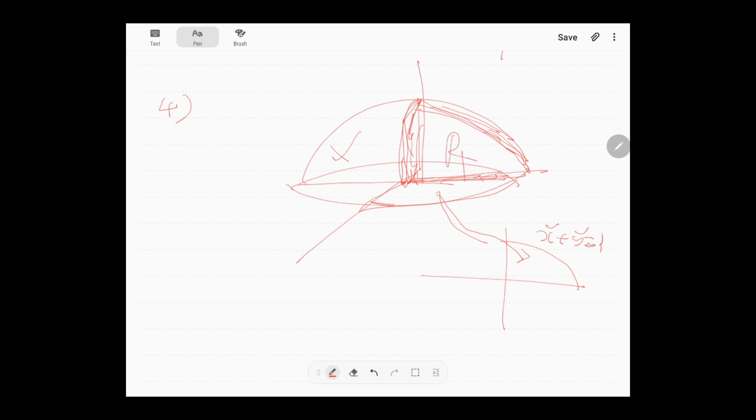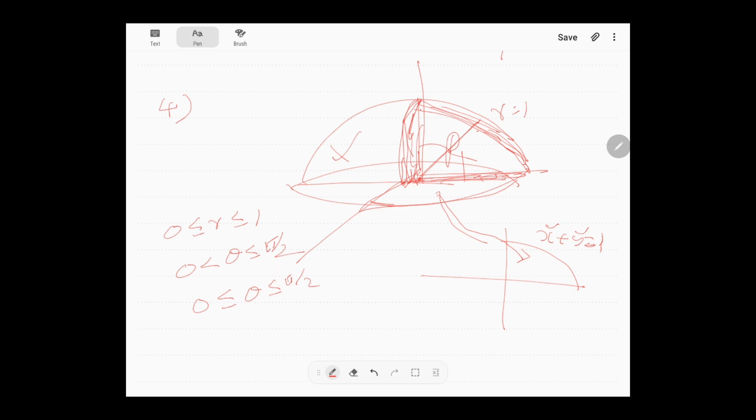So as usual, if I take this 0 and this curve is x square plus y square, r equal to 1, r varies from 0 to 1, and theta varies from 0 to pi by 2. As long as it is above the xy plane, the theta value will be 0 to pi by 2, and phi also from 0 to pi by 2.